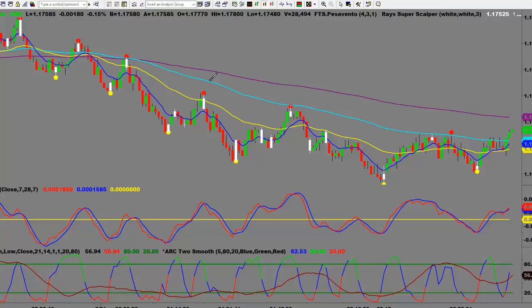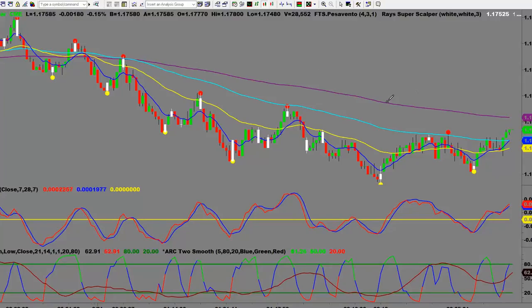So for those that are early risers in the US, or particularly in the UK and the European market, these offer some really good moves, and I feel it's a lot better than trading the standard forex market. And as the London session opens, we'll really start to see the liquidity pick up.